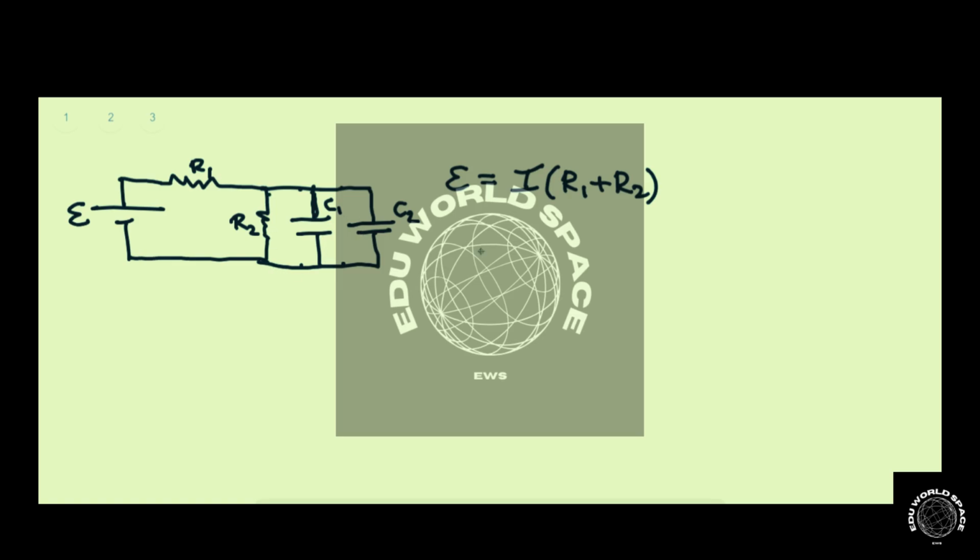Let's say the potential difference of the capacitor C1 is Q1 over C1.